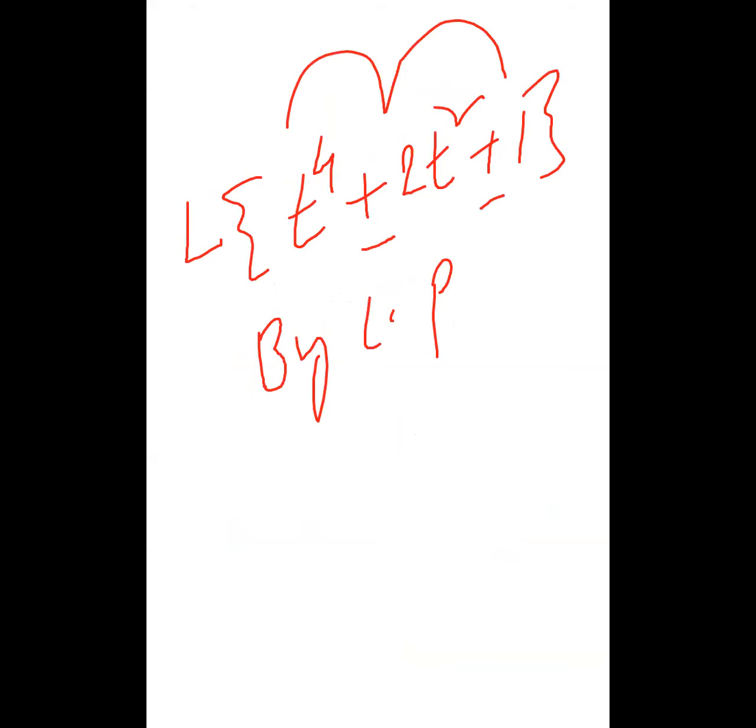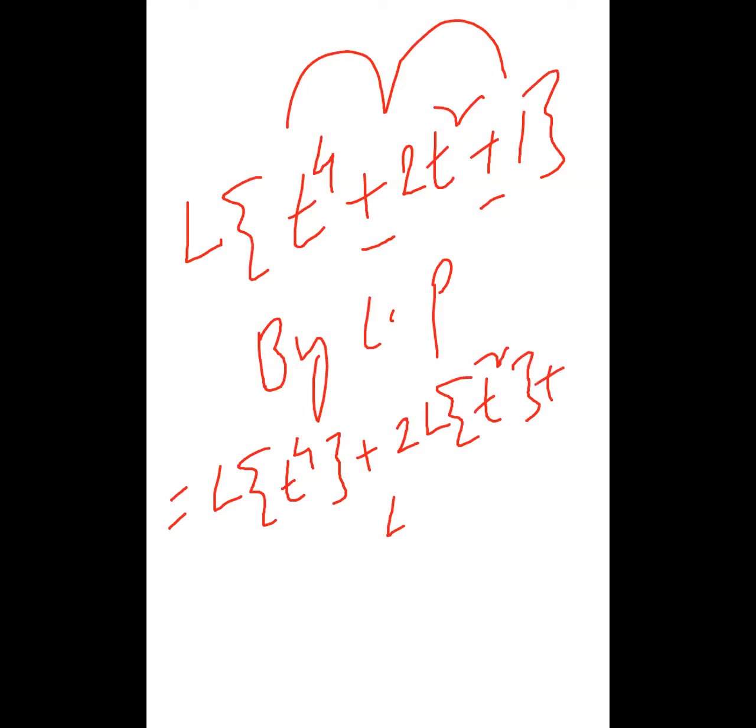So it is possible to separate the Laplace operator to each and every term and write constant terms outside. First term, L of t power 4. Here there is no constant term. Plus here 2 is constant, L of t square, plus last term L of 1.